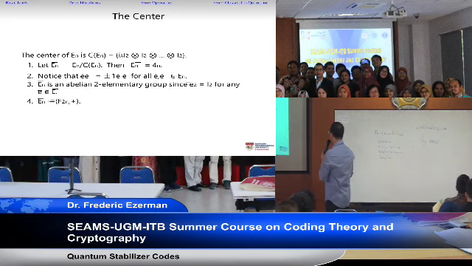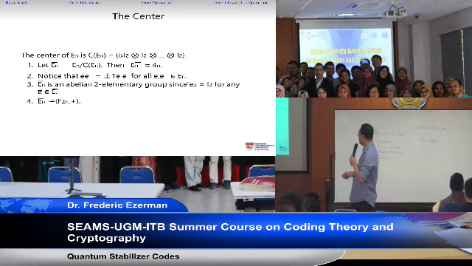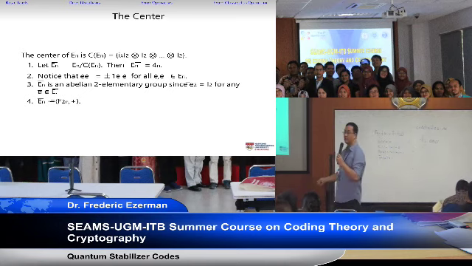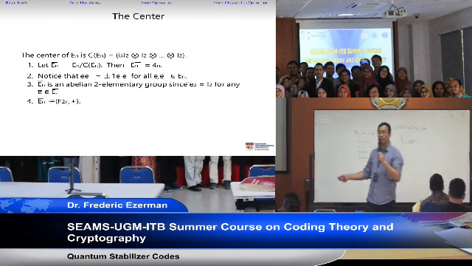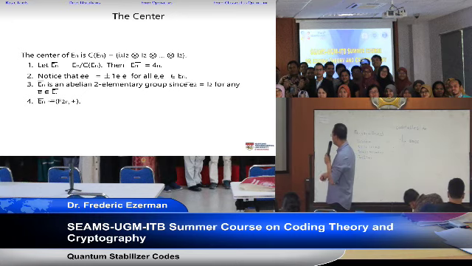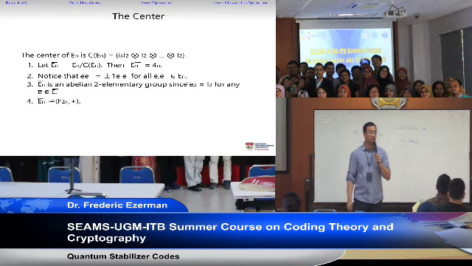So we call it an abelian two-elementary group, since you look at an element here, it's always of order 2. And in fact, it is isomorphic to F2 to the n, under addition. And this is a giant step in the understanding of how to control quantum codes, actually.